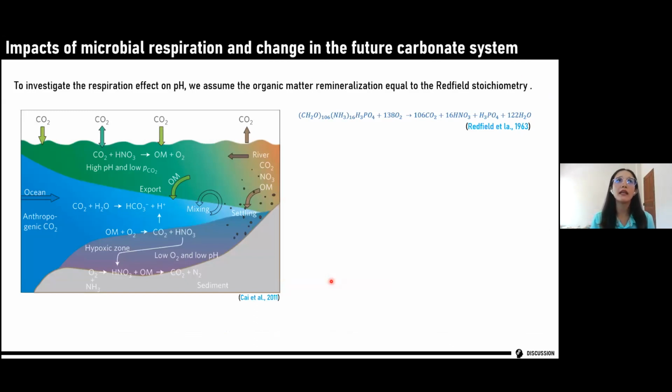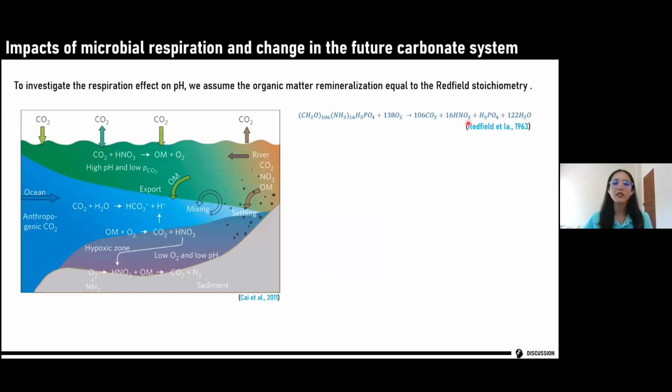We go into the impact of respiration and the role it plays in the carbonate system. The result indicates eutrophication and acidification in the upper Gulf of Thailand. We will assess the impact of respiration on pH and carbonate, and we assume the organic matter decomposition follows the Redfield stoichiometry equation.